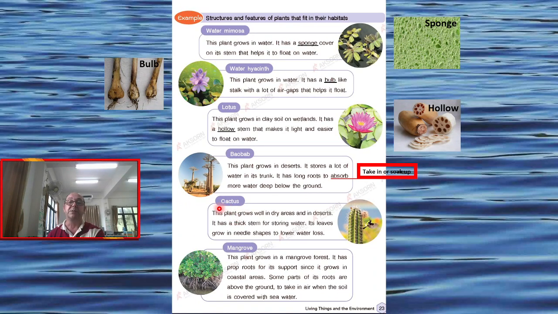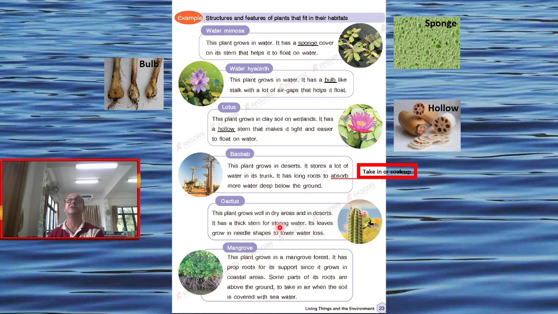So the next one, cactus. This plant grows well in dry areas and in deserts. It has a thick stem for storing water. Its leaves grow in needle shapes to lower water loss.